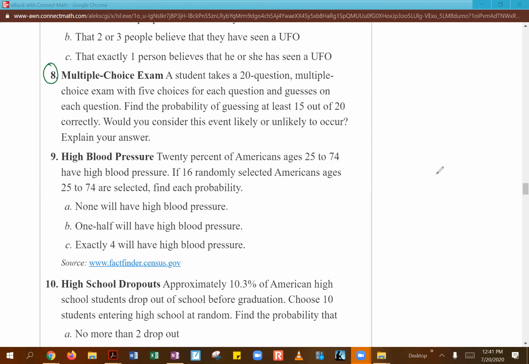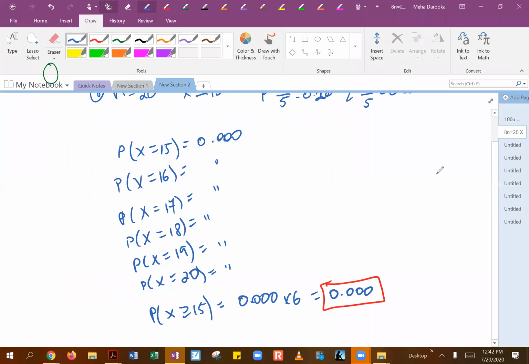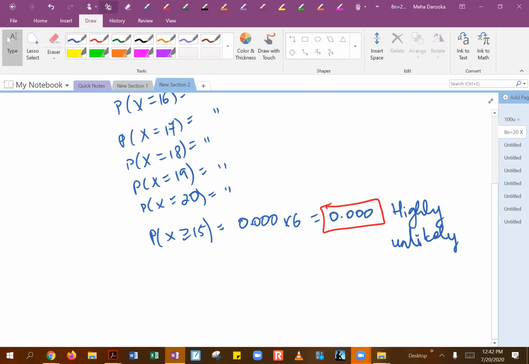Yeah, I mean, more than unlikely, we would almost say impossible, wouldn't we, with the probability being 0.000. So yeah, this is highly unlikely, or almost impossible at 0.000.